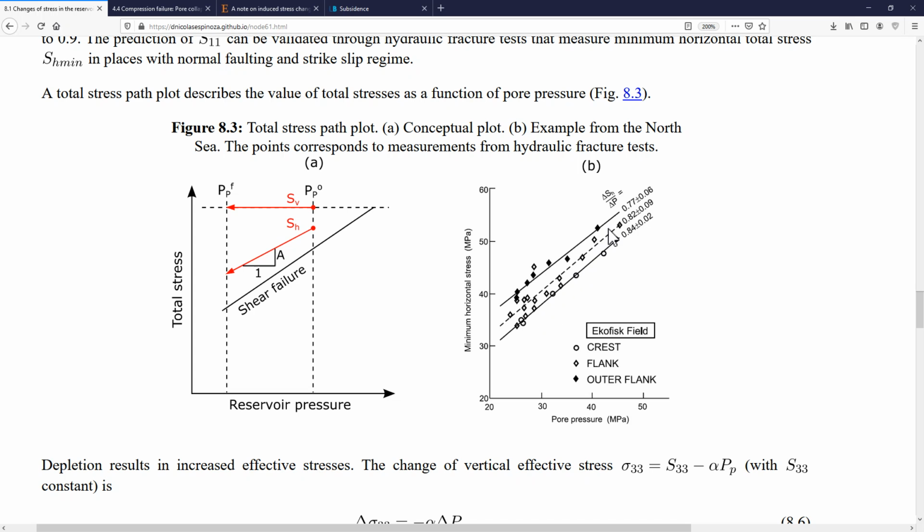And we can see that that can cause changes of horizontal stress, which are also quite significant, in the order of 15 megapascals. And you can imagine that those changes in stress of 15 megapascal, which is somewhere around 2000 and 3000 psi, is going to affect the fracture gradient also significantly.